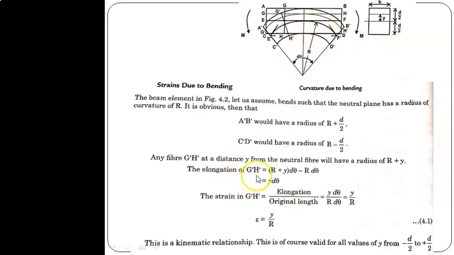The elongation of G' H' is (r plus y) d theta minus r d theta. You see that A' B' gets more elongation. Suppose we choose this fiber on this elongated zone, and therefore how much it is elongated can be found as (r plus y) d theta minus r d theta.